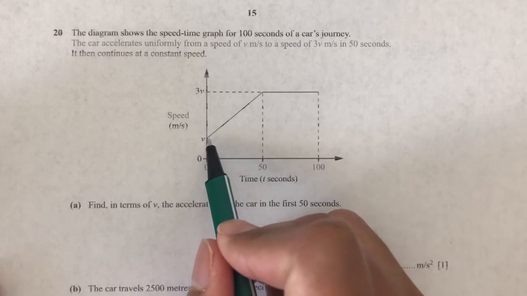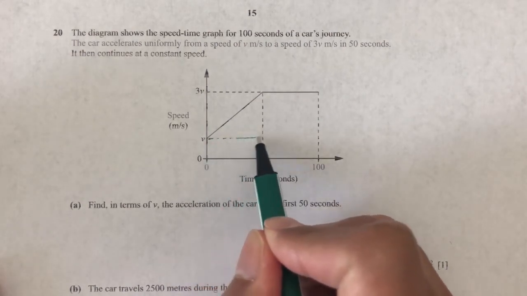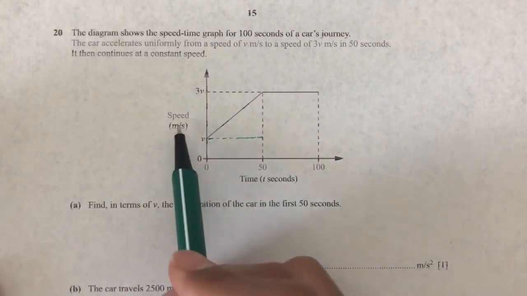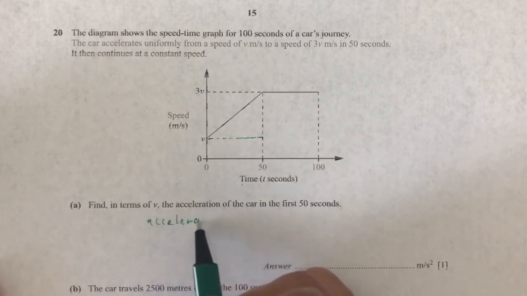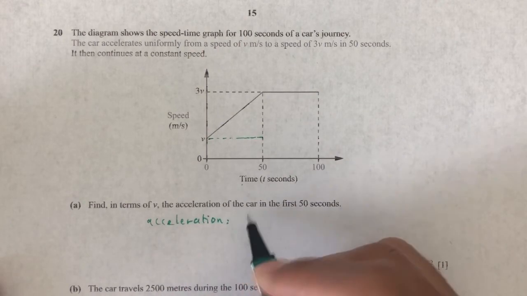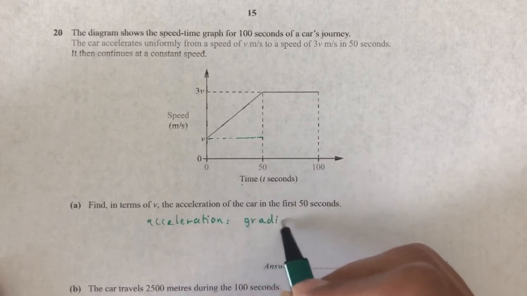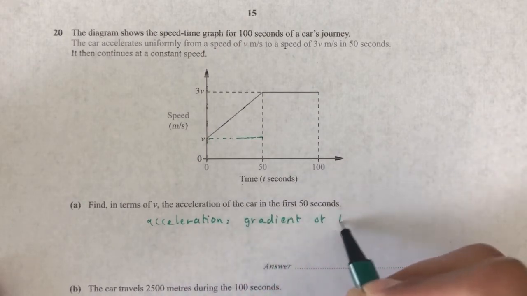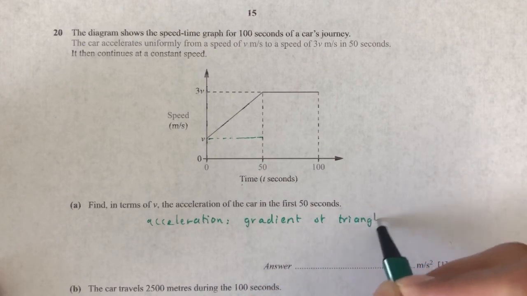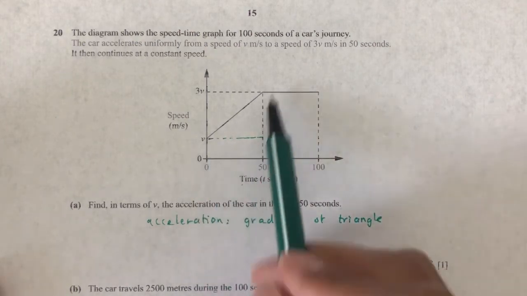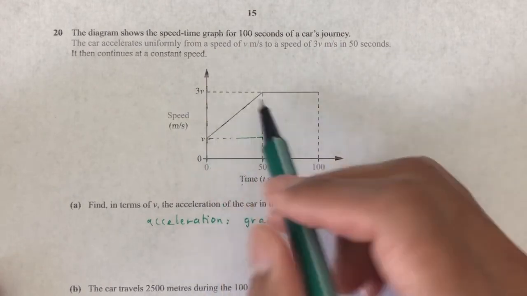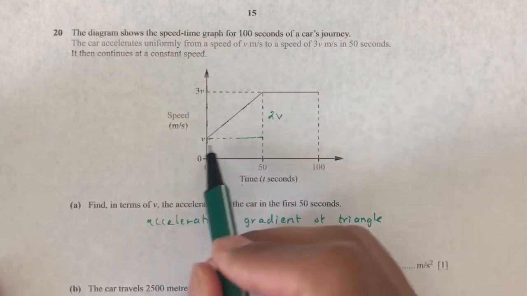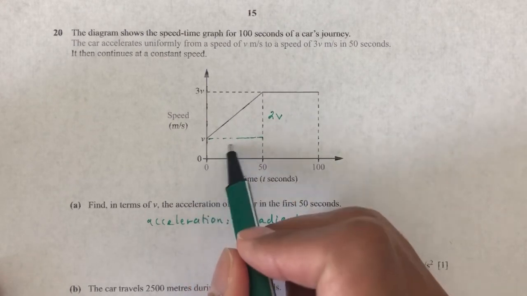So first, let's draw a straight line. Okay, so when we have a speed time graph, the acceleration is equal to the gradient of the triangle. Right, so here we have a triangle. So what is the height? The height is 3v minus v, which is 2v, and the base will be 50 minus 0 is 50.